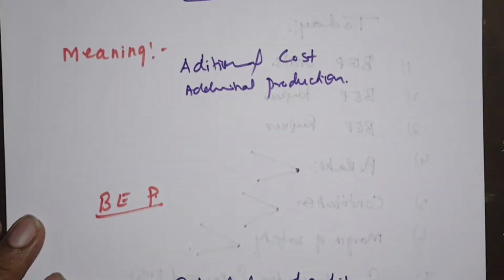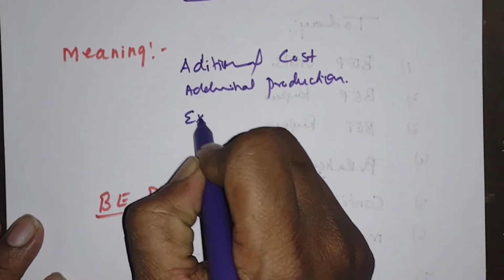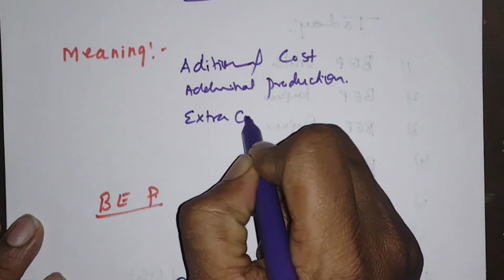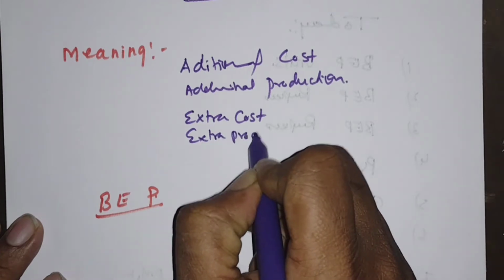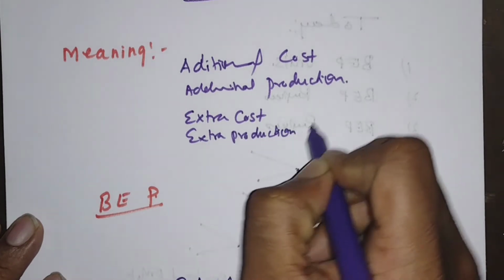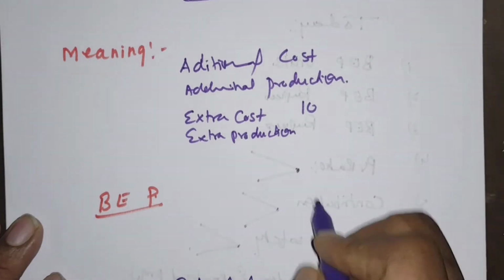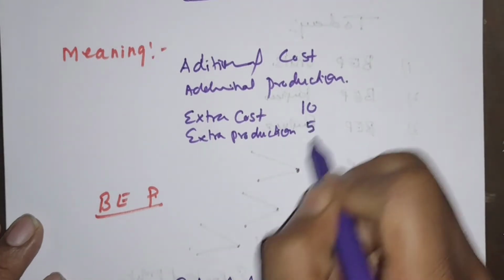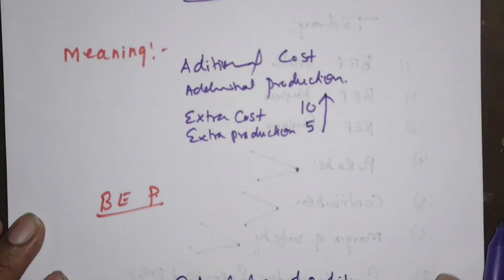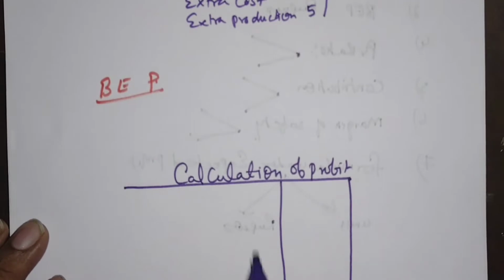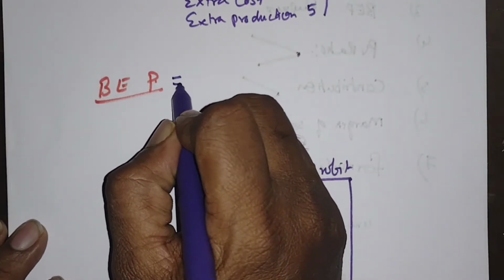That means another simple meaning is extra cost incurred for extra production. For example, already I produced 10 units. Now I want to produce 5 units extra. How much cost will be incurred for the production of the 5 units extra? That is called marginal costing.